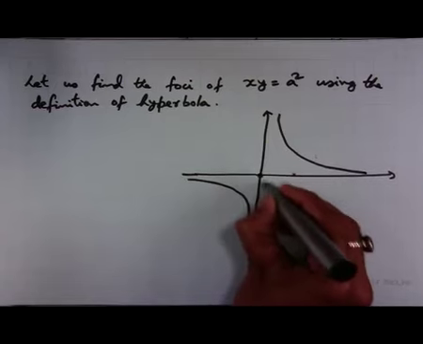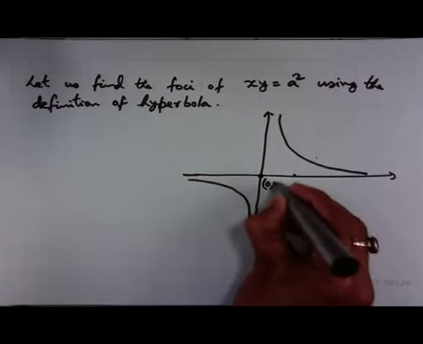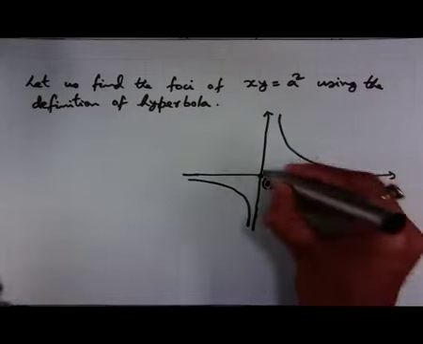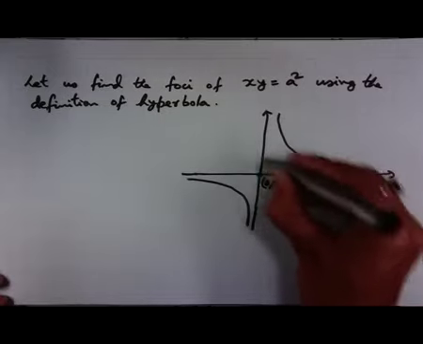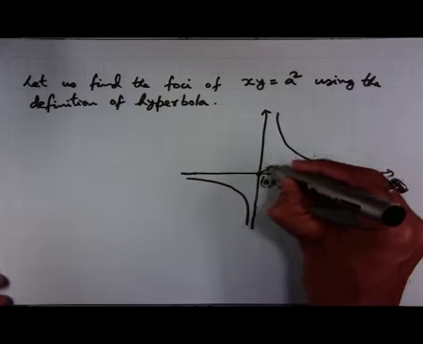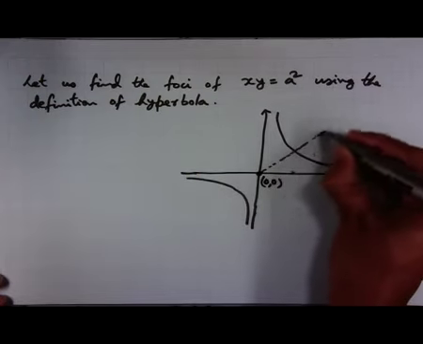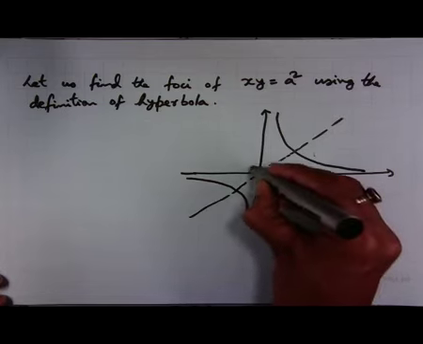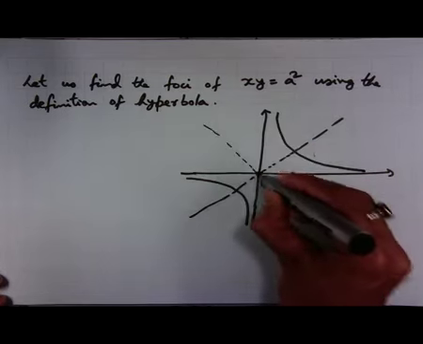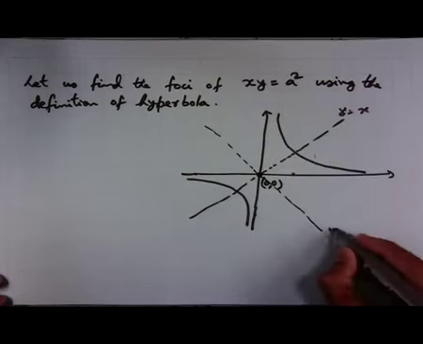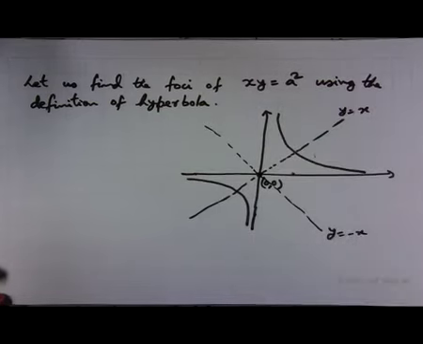center is at the point 0 comma 0, and because the hyperbola is symmetric about the transverse and conjugate axis, we have this line y equal to x as the transverse axis and y equal to minus x is the conjugate axis.